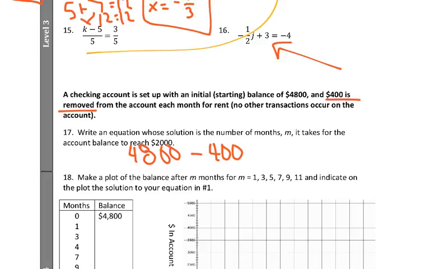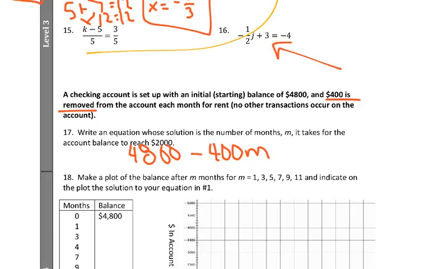So if it had been 3 months, we could do negative 400 times 3 to figure out how much money had been removed at that point. Or if we did negative 400 times 10, that would tell us how much money had been removed after 10 months. So what I'm going to do here is put an M right here.